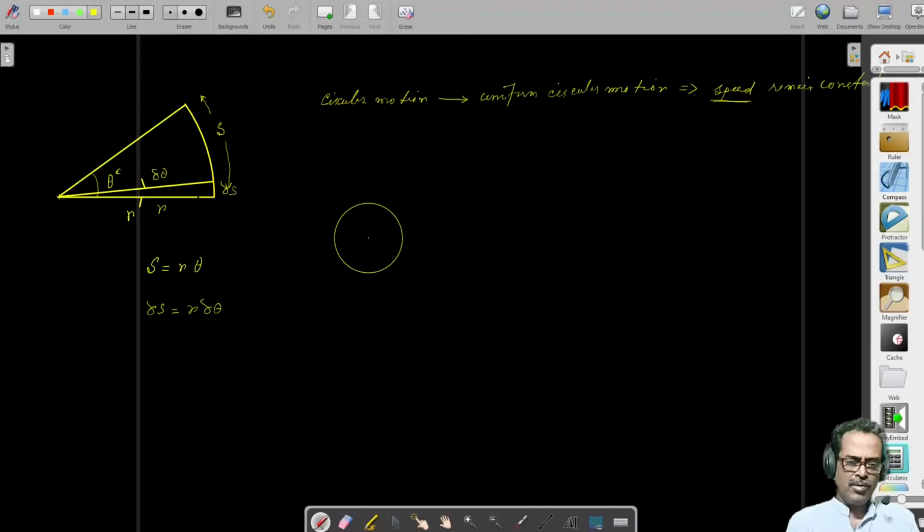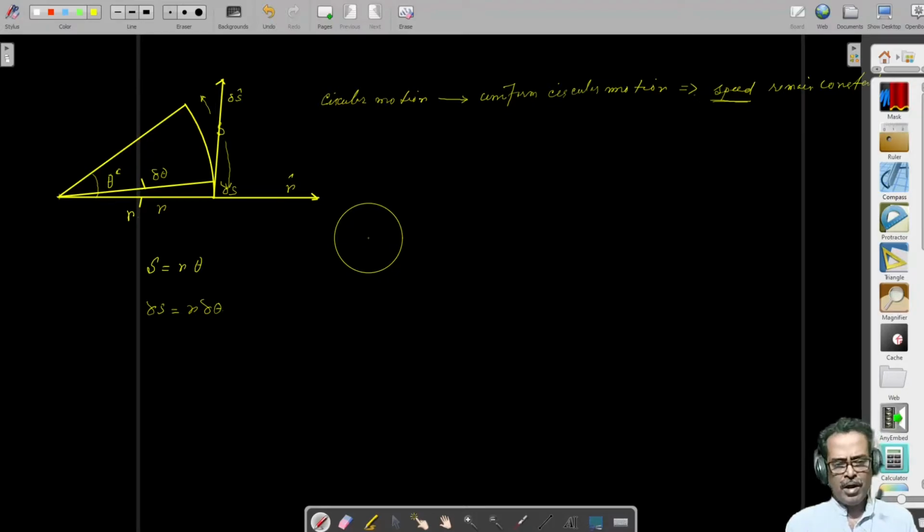Okay. Now, the direction of del S is along the tangent at this point, that is perpendicular to this, and the direction of R is along this. So this is R cap and this is del S cap, that is the unit vector along this.